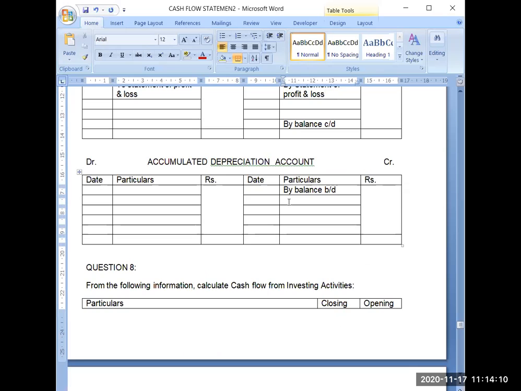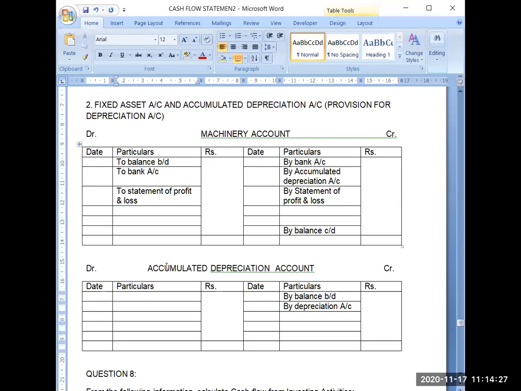For current year depreciation, the entry will be here by depreciation account. Then for transferring the depreciation on the sold machinery from the accumulated depreciation account, the entry will be to machinery account or to the fixed asset on which the depreciation has been accumulated.